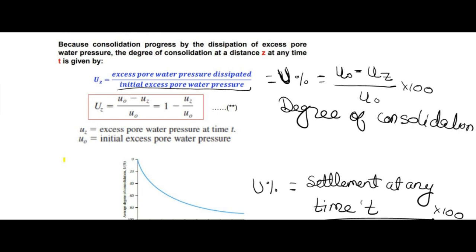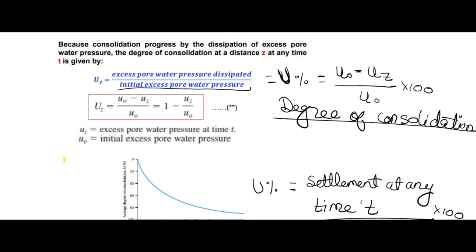Since in consolidation the soil is considered 100% saturated clay, consolidation occurs when pressure is applied on the saturated soil and water gets dissipated from its voids.